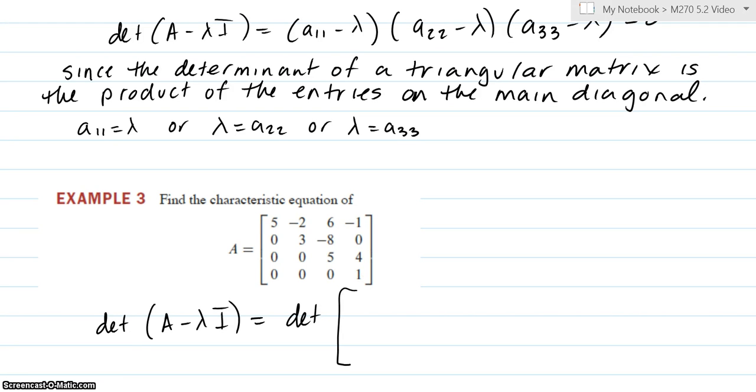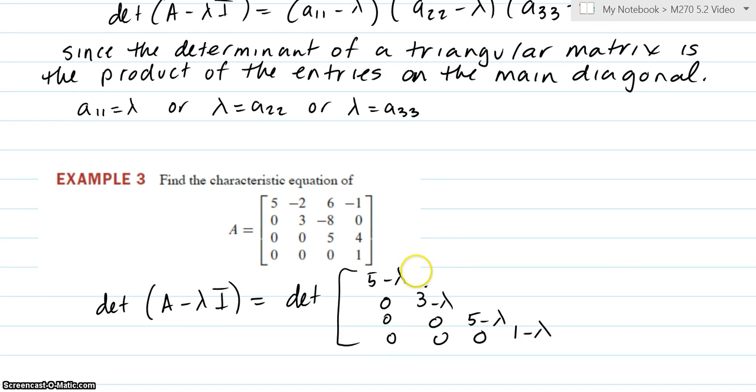So this time I'm not going to show the work. I'm just going to write down what that equation is. Along the diagonal, it's going to be 5 minus lambda, 3 minus lambda. These zeros are still going to be here, and these numbers are still going to be there. That's because we're going to subtract the identity, and that's not going to change.